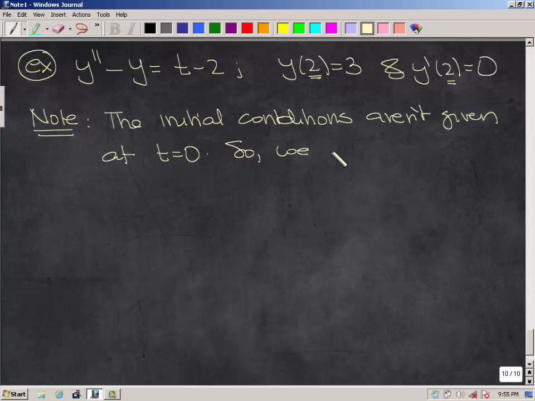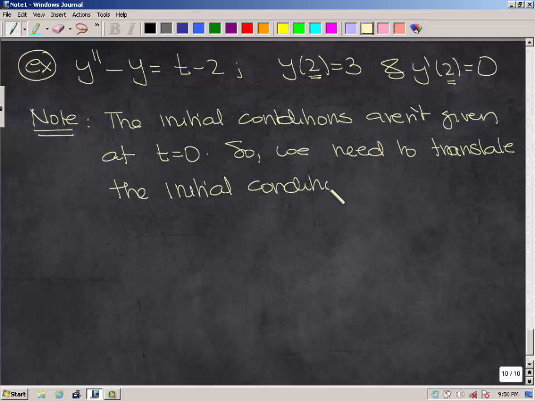We need to translate the initial value problem, or the initial conditions, at t is equal to 2 to t is equal to 0. So that's what we need to do.